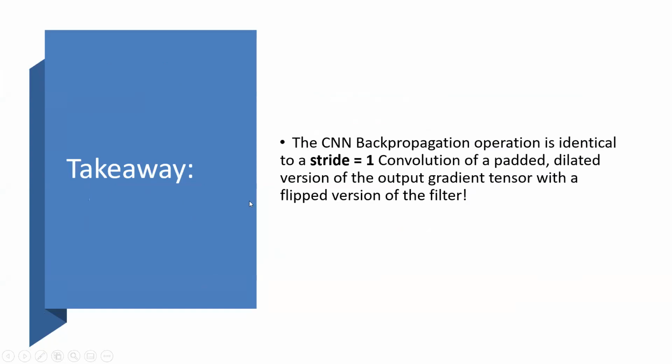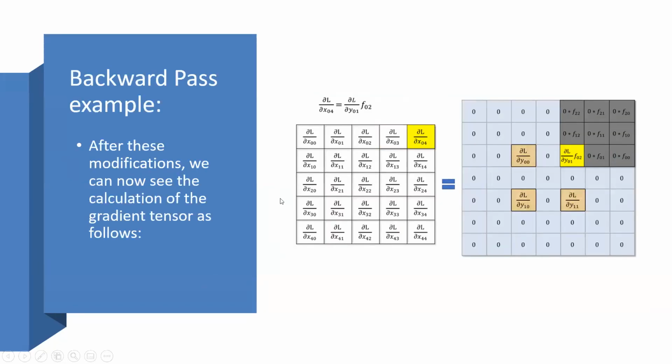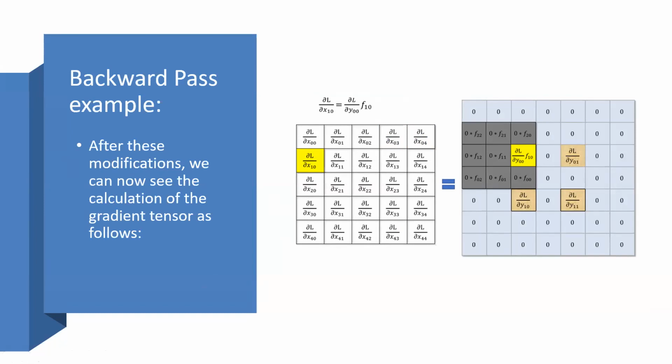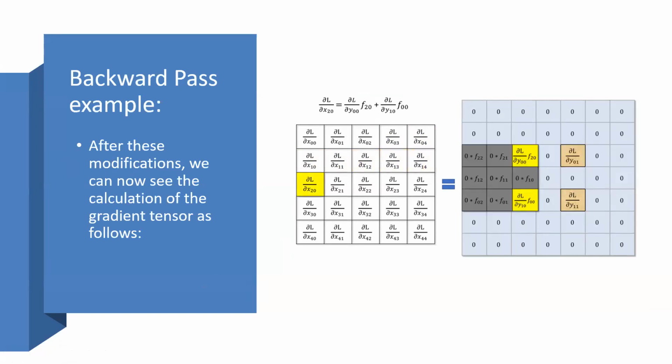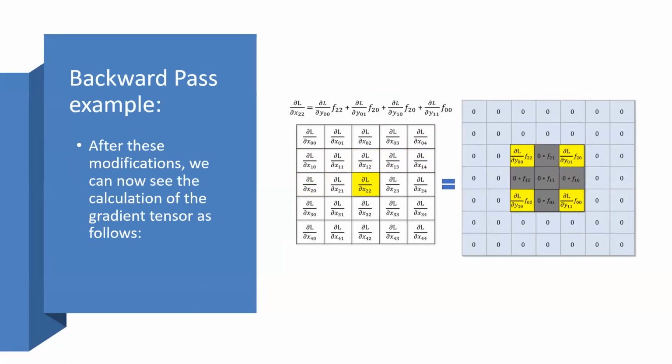Tanya, if I may jump in, I would like to ask how many of you understood the portion where we take the gradient with respect to output and add those zeros in between. How many of you understood the dilation portion? Give me yeses or nos.